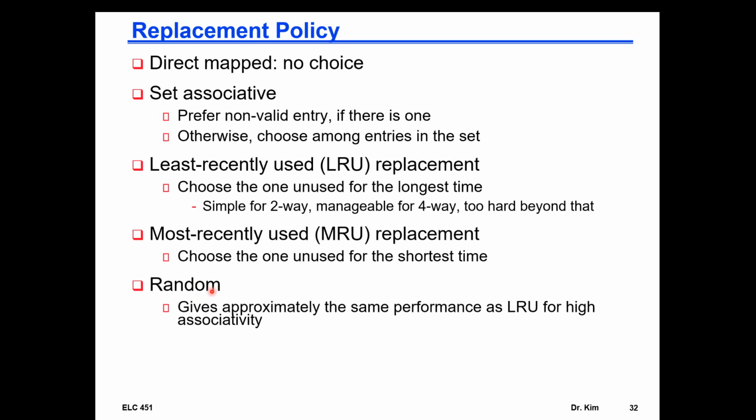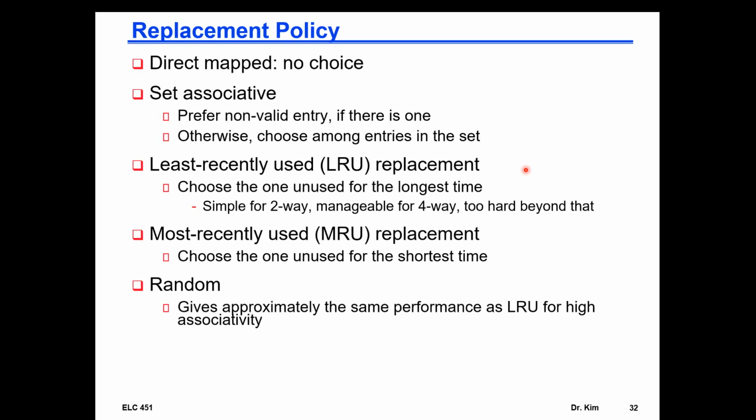Another policy is random, which gives approximately the same performance as LRU if the associativity is high. We can generate random numbers with linear feedback shift registers in logic, so pseudo-random can give us good performance with relatively low complexity for high associativity. The best performance is given by the LRU, but it's the most complex. Another one that I don't see here is round robin.